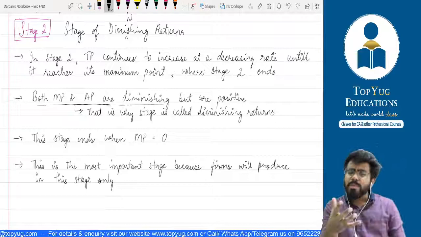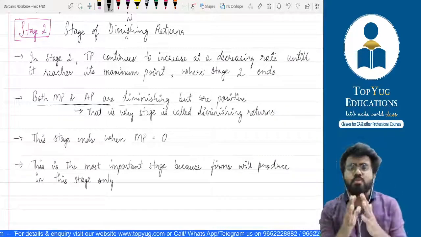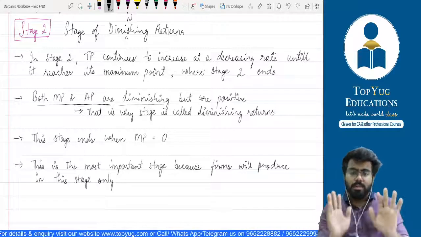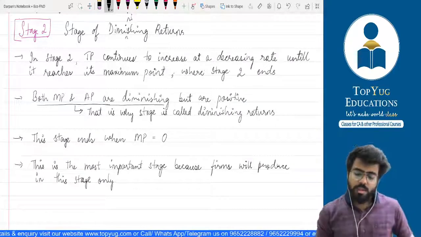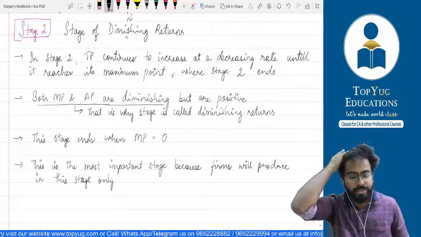Now what is the reason behind this? We'll see it afterwards. But right now you understand that this is the most important stage. What is the reason? Why do they choose this stage? We'll deal with that later.